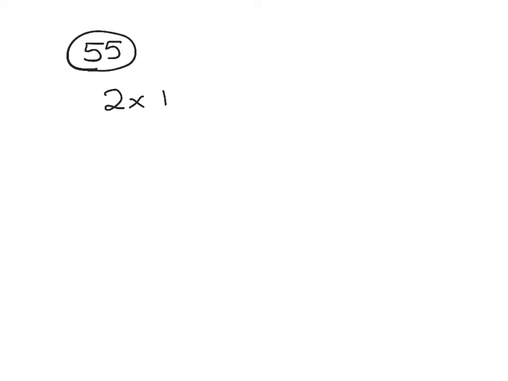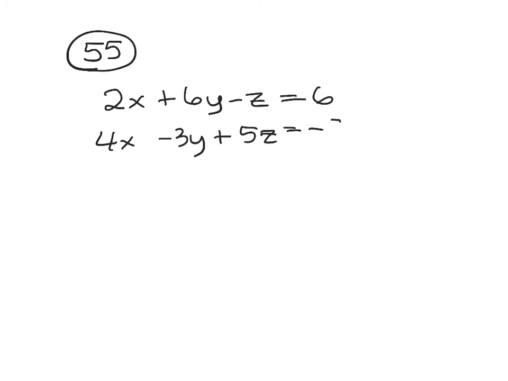So this is 2x plus 6y minus z equals 6. And then 4x minus 3y plus 5z equals negative 5. 6x plus 9y minus 2z equals 11.